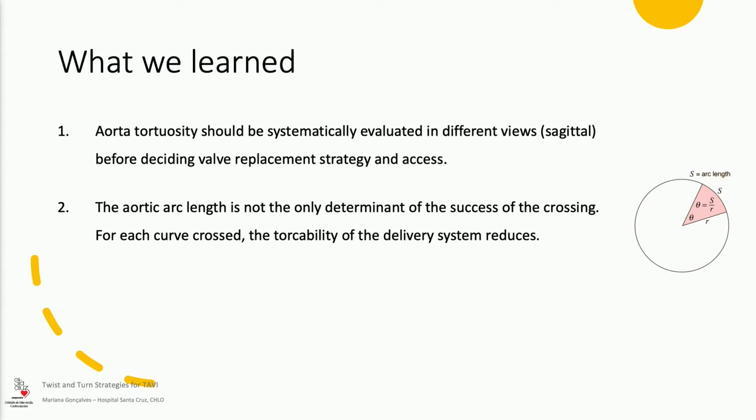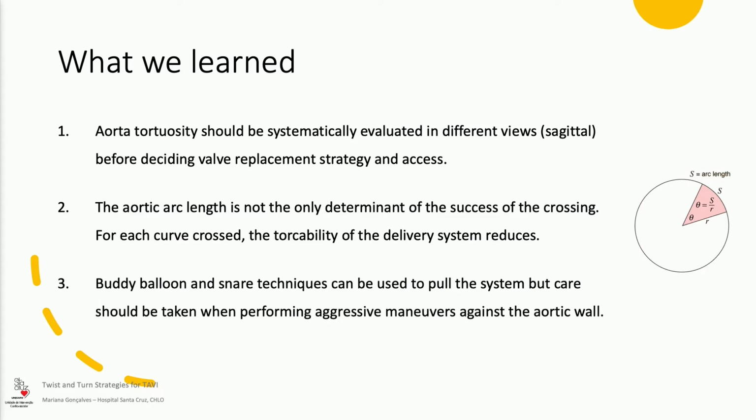For each curve that the system crosses, the torqueability of the delivery system reduces. And that body balloon and snare techniques can be used to push or pull the system, but care should be taken when performing very aggressive maneuvers against the aortic wall, especially in these old patients with diseased aorta.